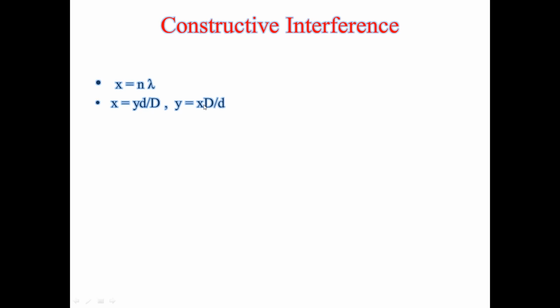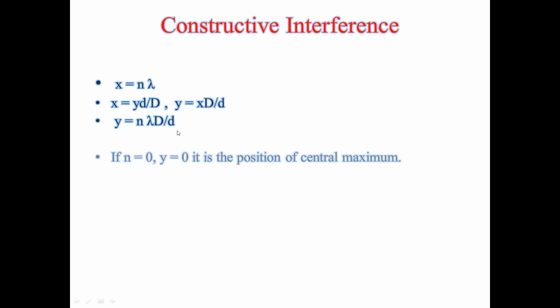So let us substitute for x, n lambda. So y is equal to n lambda capital D by small d. If n is equal to 0, y is equal to 0. This is the position of central maximum.